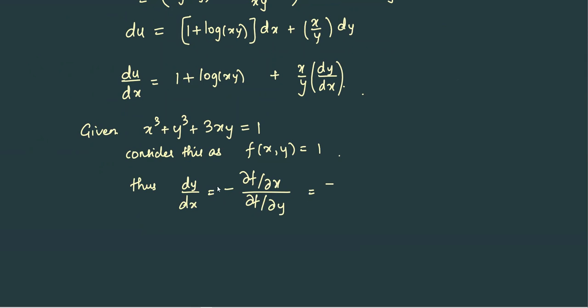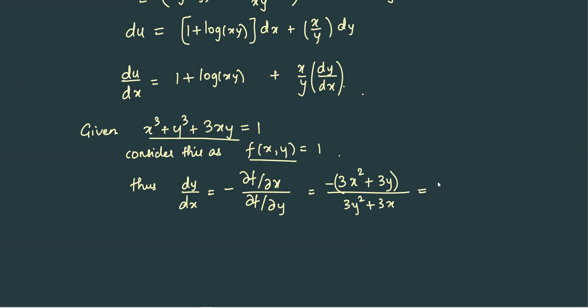So what do you get? Dou f by dou x: differentiating f, this expression here on the left is treated as f of x comma y, differentiating this with respect to x, we get 3x square plus 3y, and differentiating f with respect to y, we get 3y square plus 3x.